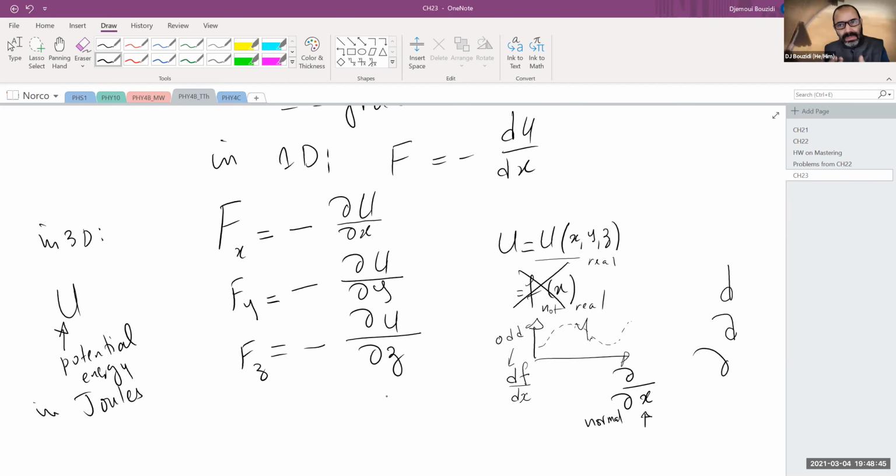In real life, you're going to be dealing with this curly d, which is called the partial derivative. Why is it partial? Because this function can depend on so many variables, and we're doing a derivative with respect to this part of it only, not the entire thing. Does this make sense to you guys?